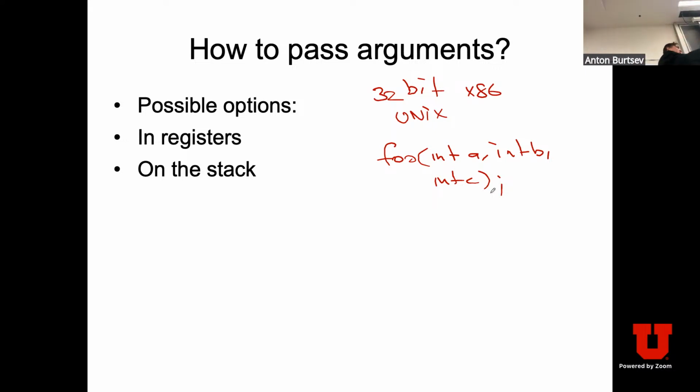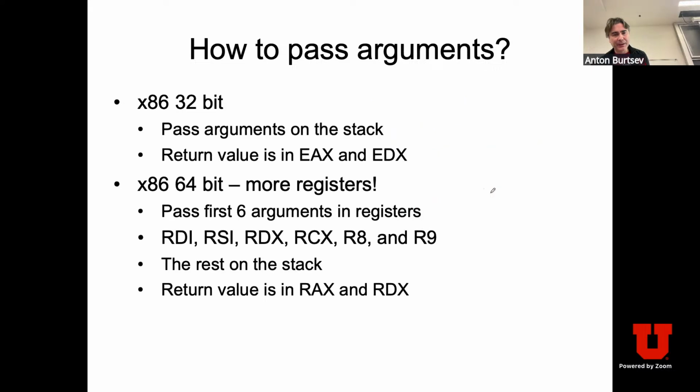So on 32-bit machines, the convention, and there will be different ones, is that you push them all on the stack. On 64-bit machines, you put a couple of them in registers, just to save the time of pushing something and popping it off the stack. And essentially that's the convention.